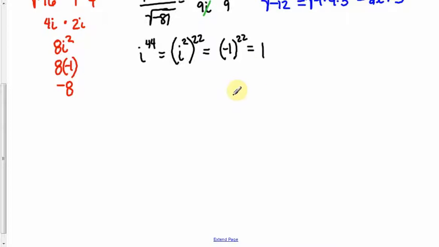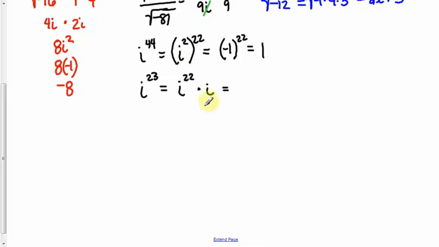Let's do another one. Let's do i to the 23rd power. That's not even, is it? But I know what i squared is, and so by George, I better make use of i squared, because that's the only one I know. So this could be written as i to the 22nd times i to the 1st. Is that correct? Now why would I do that?